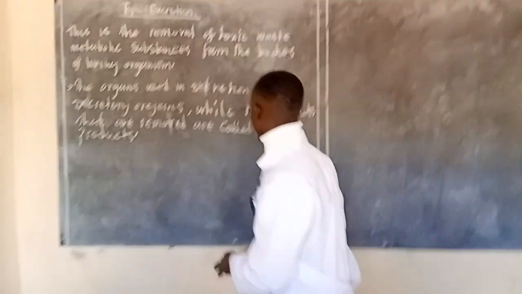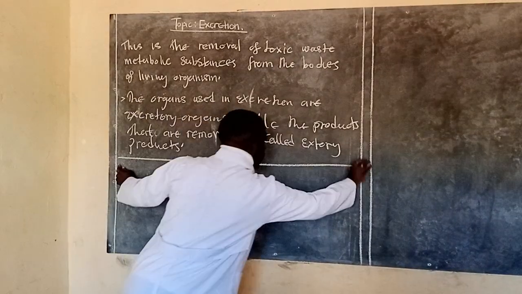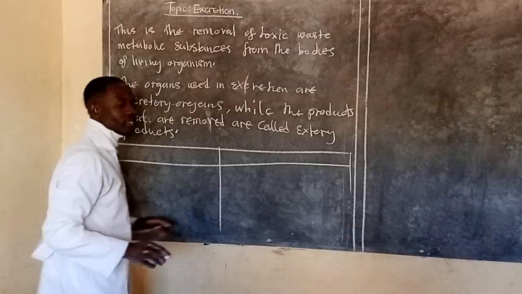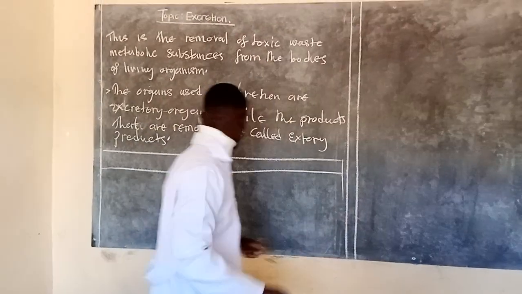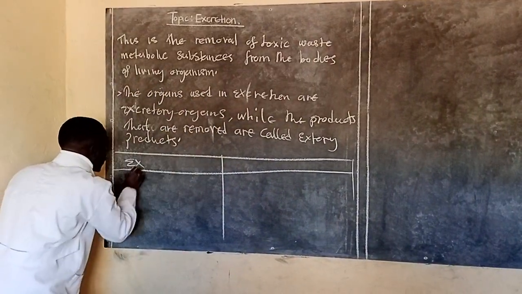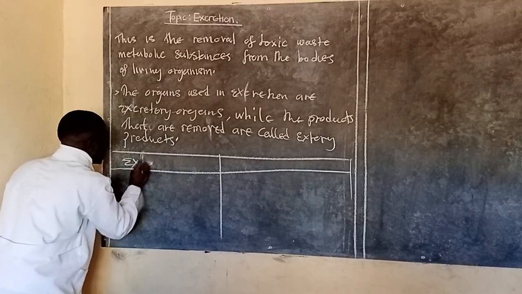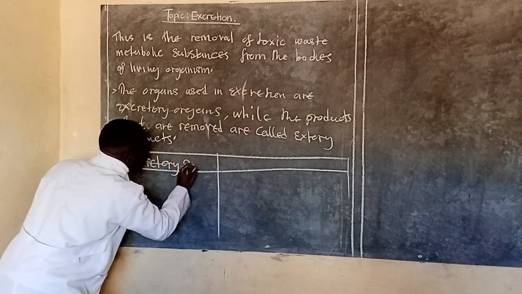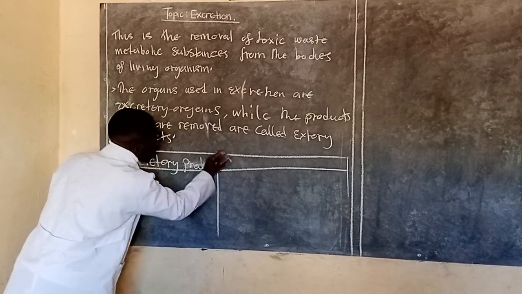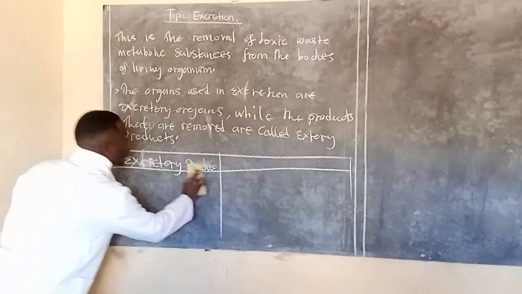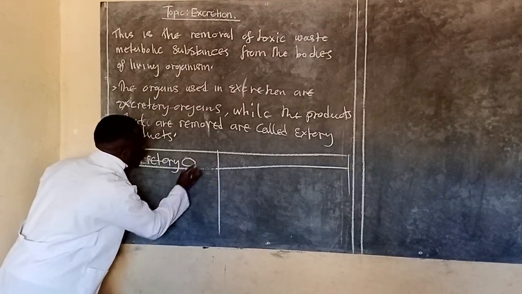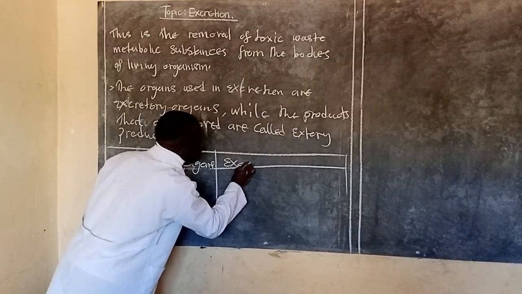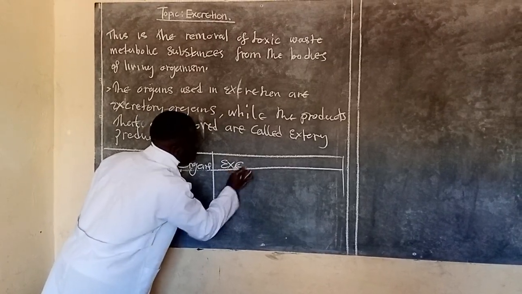Are we together? Now, let's look at the table where it summarizes the excretory products as well as the organs. Here we have excretory organs, and here we have excretory products.